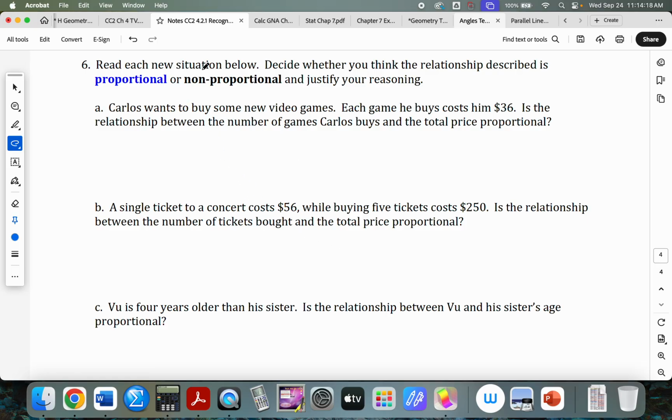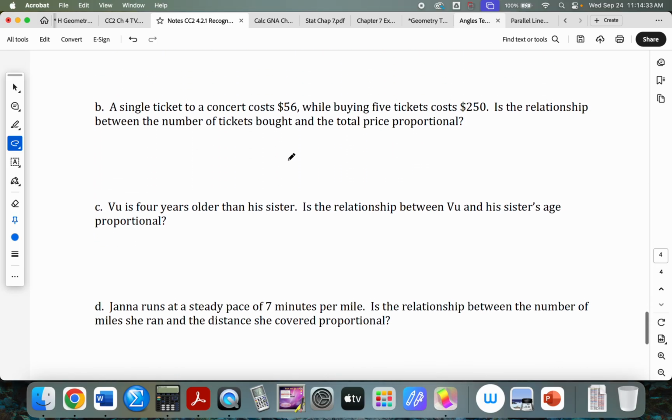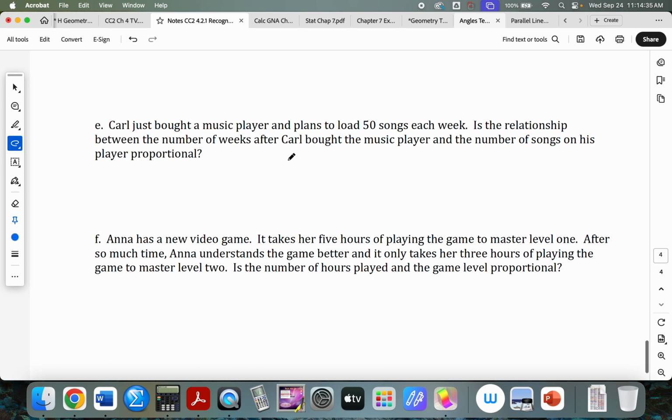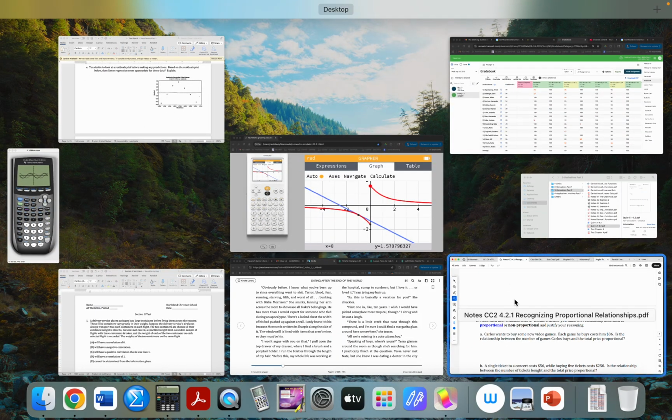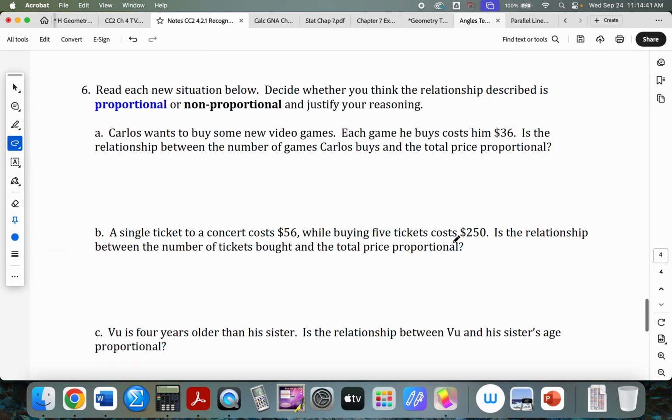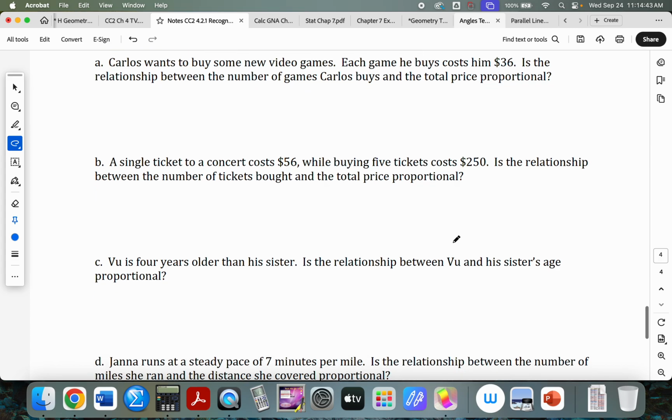So, for each situation below, decide whether you think the relationship described is proportional or non-proportional, and be prepared to explain why you think that. Wow, there's a lot of those, aren't there? Tell you what, how about I give you a little bit of time to look at those and see what you think, or do you want me to do one first? You do one first? All right.